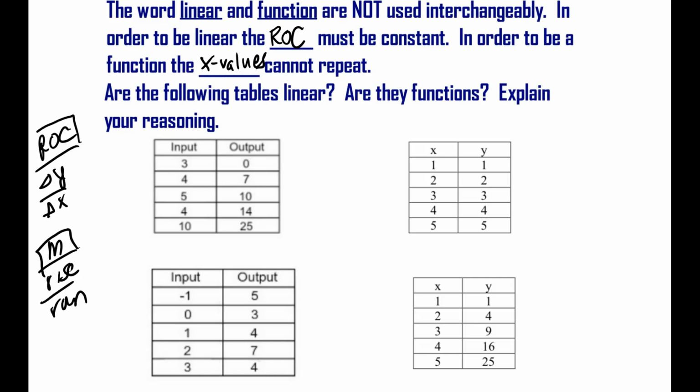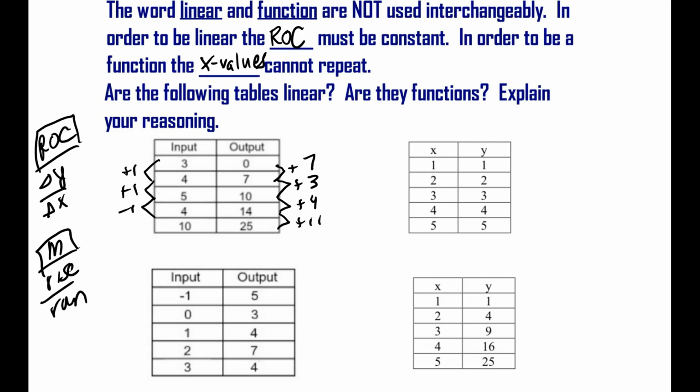All right. So, 0 becomes 7 by adding 7. 7 becomes 10 by adding 3. 10 becomes 14 by adding 4. 14 becomes 25 by adding 11. 3 becomes 4 by adding 1. 4 becomes 5 by adding 1. 5 becomes 4 by doing what?